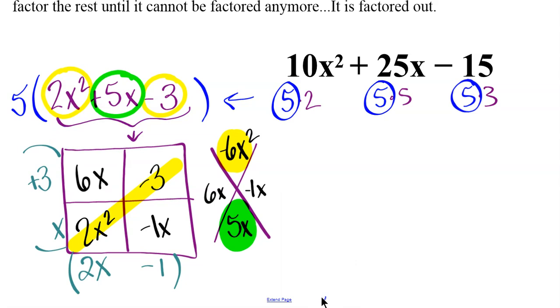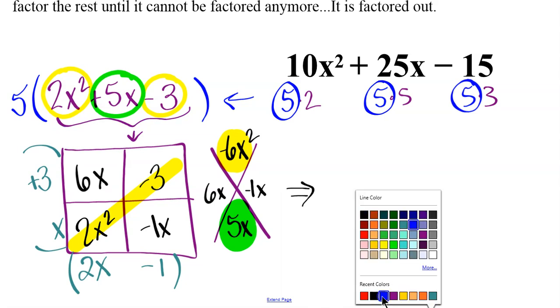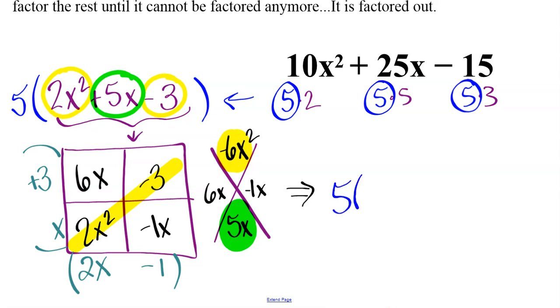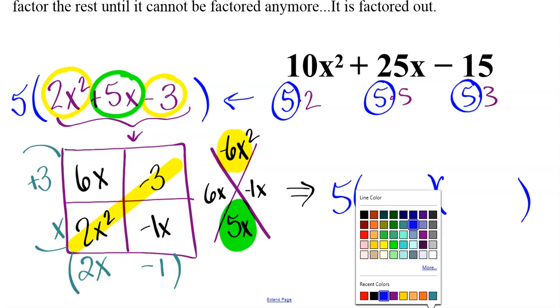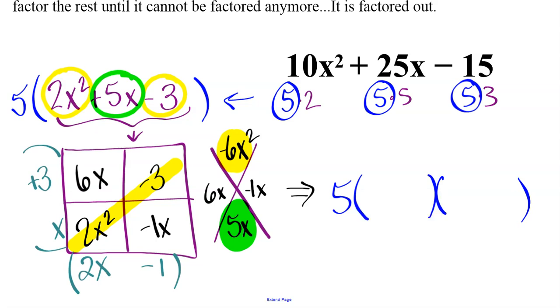Okay, and now we're going to put everything back together over here in our opening colors, and we took out the 5, and in the purple we have, so we factored the purple, which is going to give us x plus 3 times 2x minus 1. And so these are actually this color, and there we go.